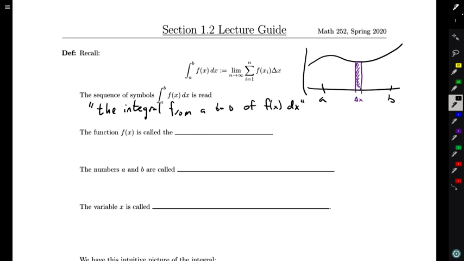The function f of x is called the integrand. So you might remember the word summand from section 1.1. Summands being the things that you're adding up. Here the integrand is the thing that you're integrating. The numbers a and b are going to be called the limits of integration.